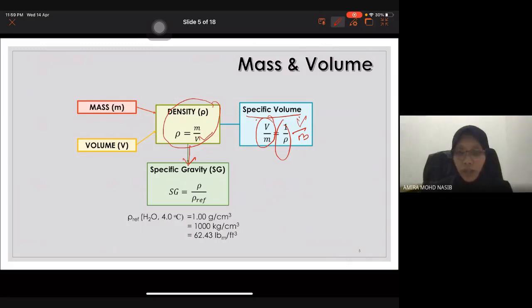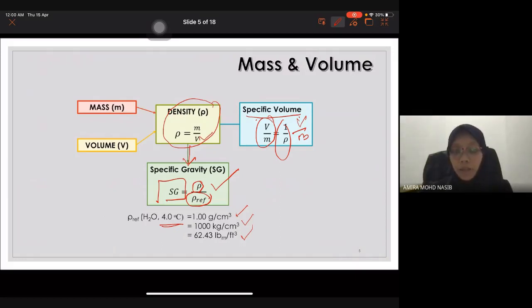We can use another equation to find density by using specific gravity: specific gravity equals the substance density over the reference density. The reference density is based on H2O at 4 degrees C. So these are the correlations.